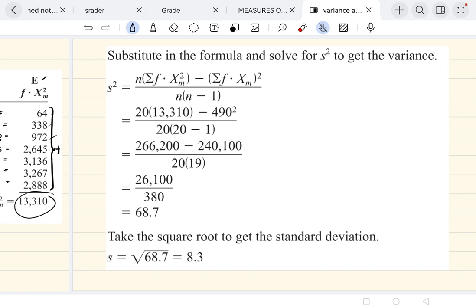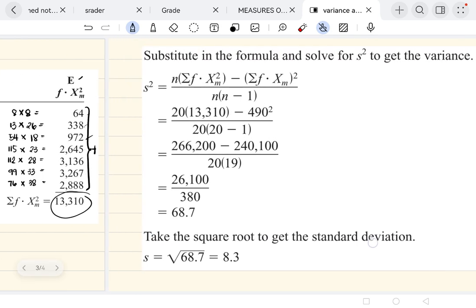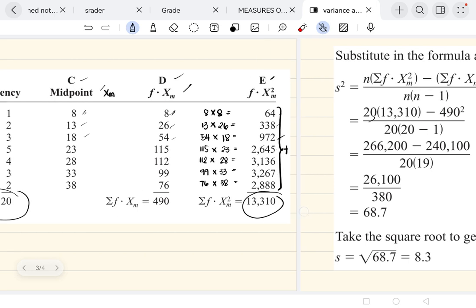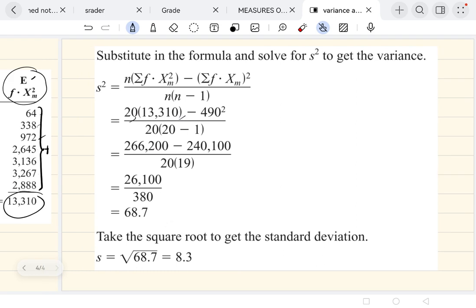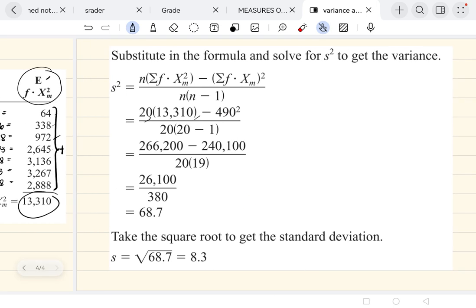Here our N is 20, the total frequency. So 20 times the summation of column E, that is 13,310. Next is the summation of frequency times the midpoint, that is 490, quantity squared.